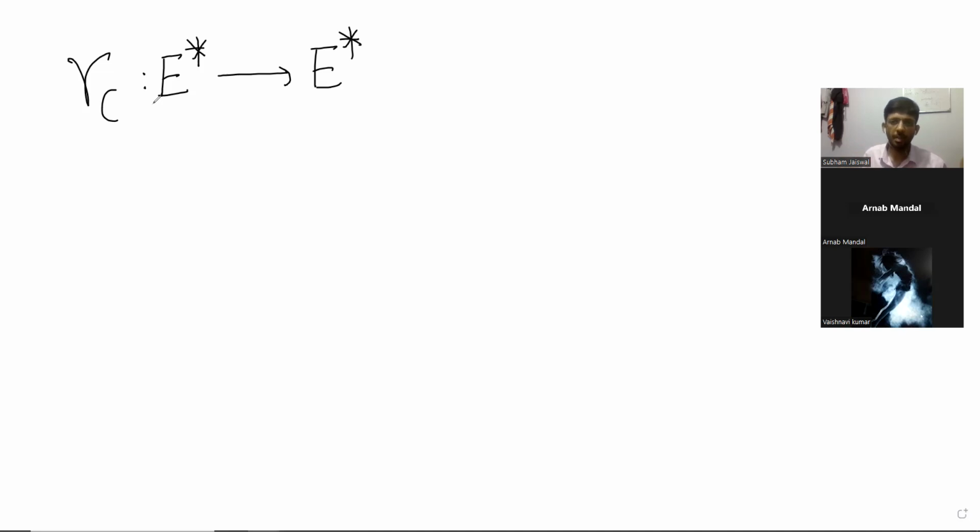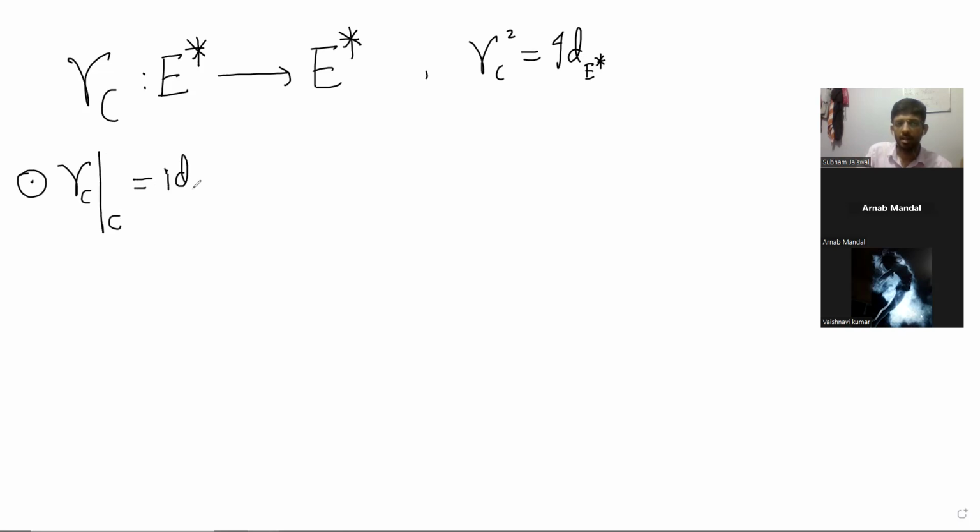You can check that this is a bijection, and from this property itself you can show it. What properties have we noted? We have noted that gamma c restricted to C is equal to identity, just like reflection restricted to the line is identity.